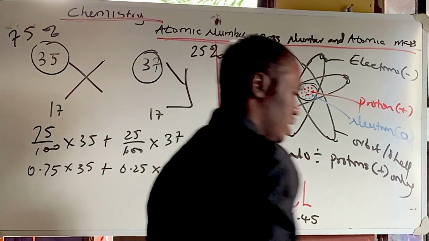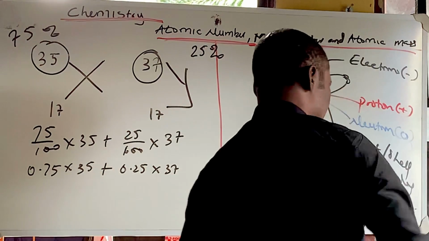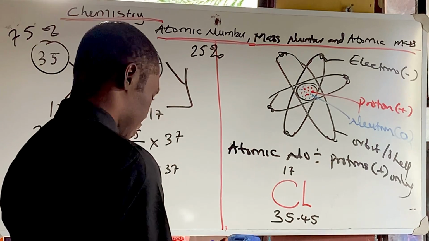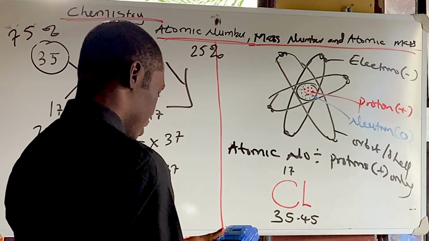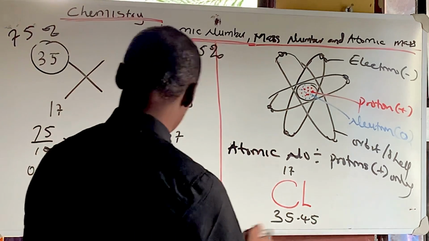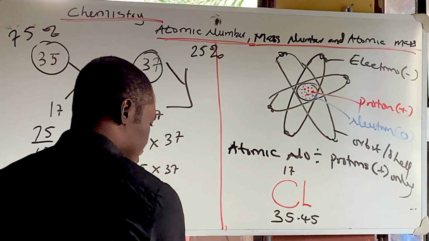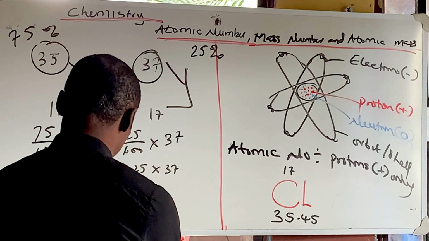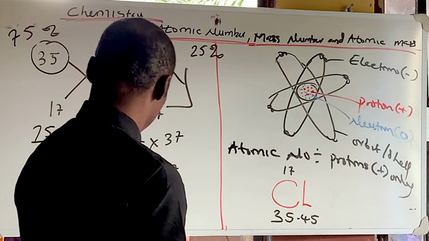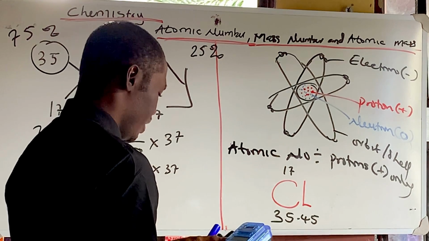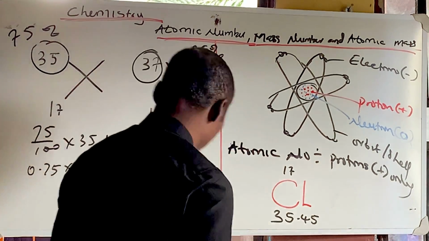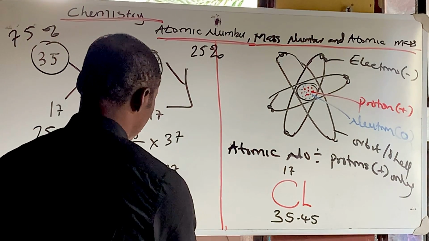We need a calculator now. So 0.75 times 35 is going to give me 26.25. Then 0.25 times 37 is going to give me 9.25.